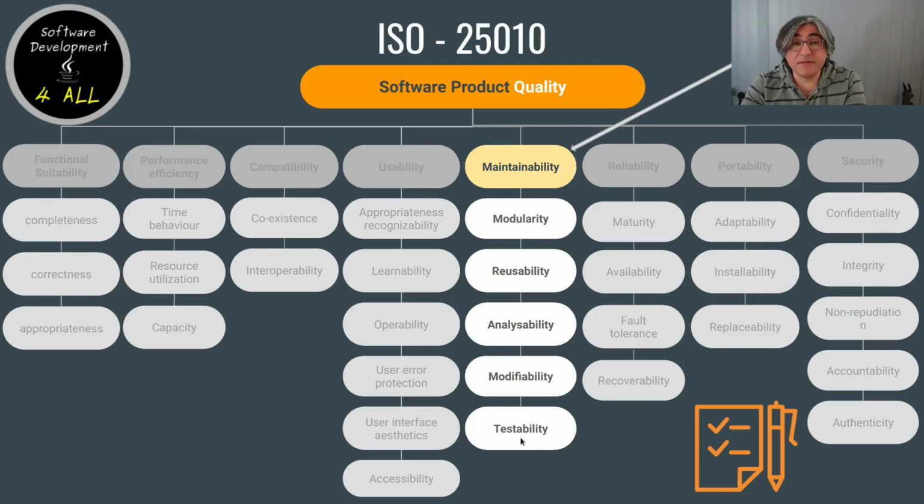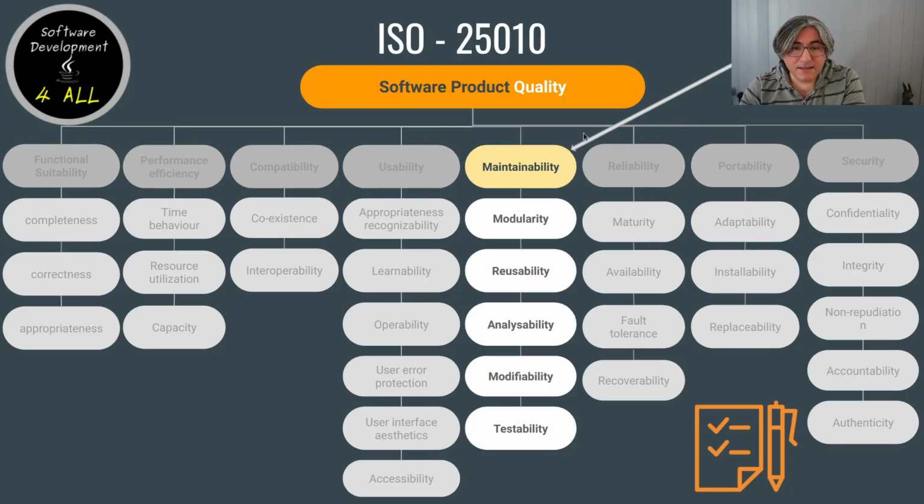And then there's testability. If you have created software and you cannot test it, then you cannot guarantee its reliability. So the software that has to react and behave in a certain way has to be able to be tested that it is doing what it should be doing.